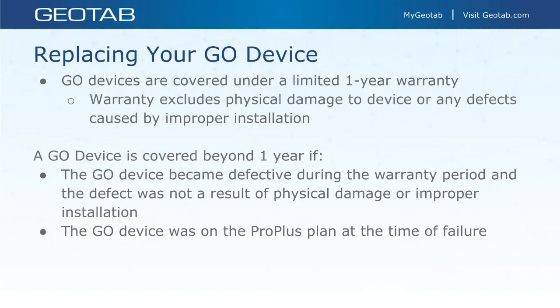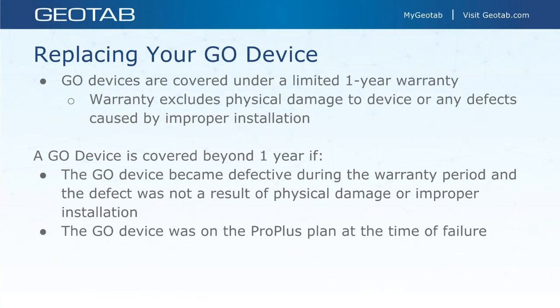The other option for covering beyond 1 year is if the Go device was on the Pro Plus plan at the time of failure. Devices that are on the Pro Plus plan are covered under a limited lifetime warranty. Again, it excludes physical damage to devices and improper installation. It has to be at the time of failure.